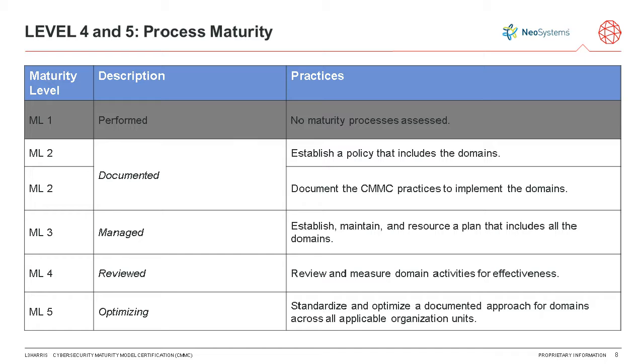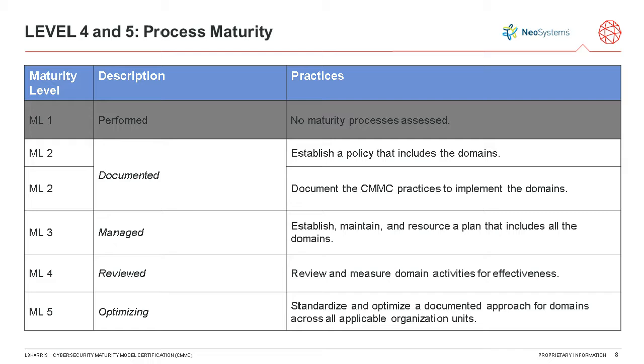So let's talk about process maturity. Within process maturity, at the highest levels, of course, is the concept of establishing a policy for each of the applicable domains, and in this case, all domains are going to be applicable at levels 4 and 5. So you should have a comprehensive set of policies and supporting documentation, which generally comes out to be procedures, right?